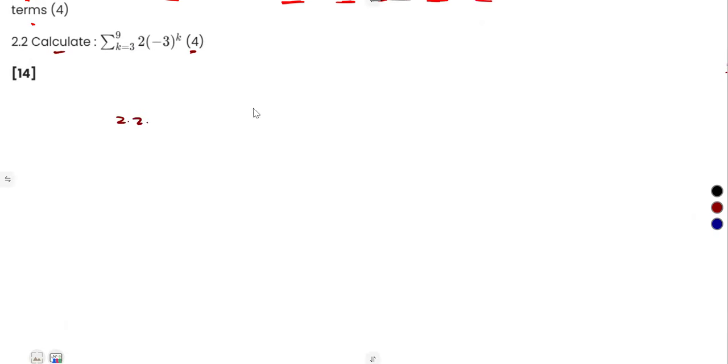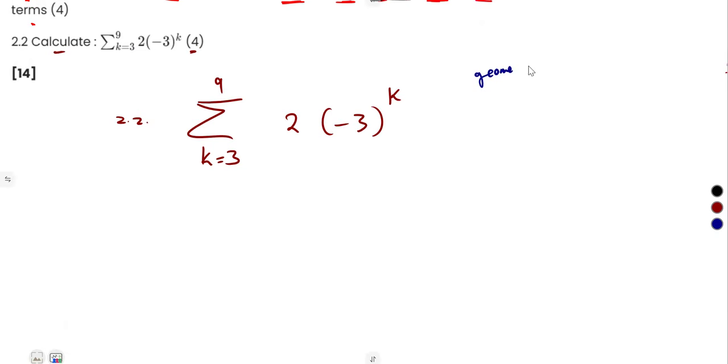So that's 2.2. We have got a summation from k is equal to 3 up to 9, and that's 2 into -3 to the exponent of k, all right? So we can see that this is a geometric series, guys, by just looking at our summation. This is a geometric series that we're going to form from the terms that were being added.